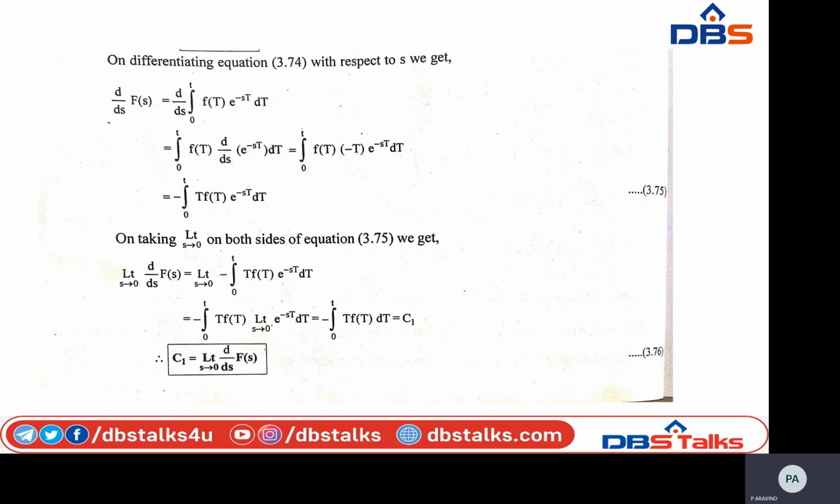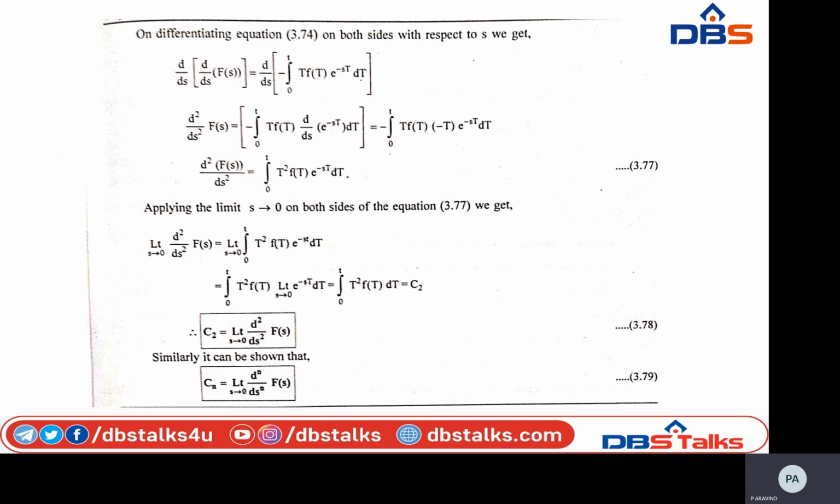Similarly, in order to get the third coefficient c2, we apply differentiation to the c1 term and then take limit s tends to 0 on both sides of the equation.